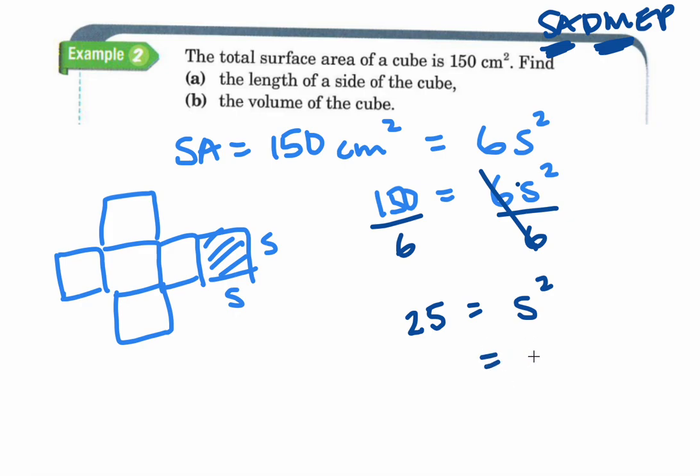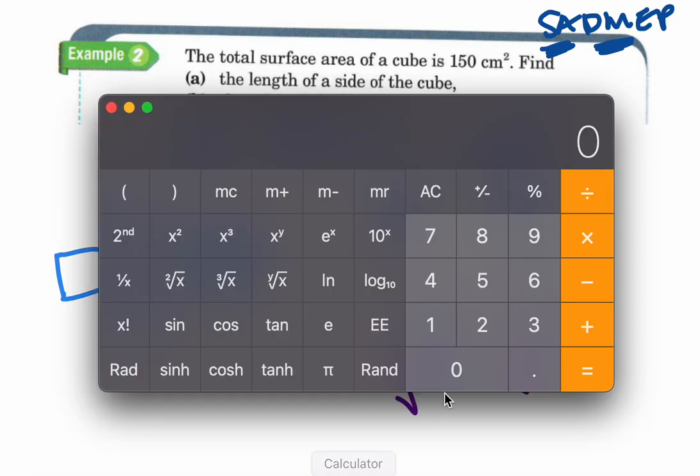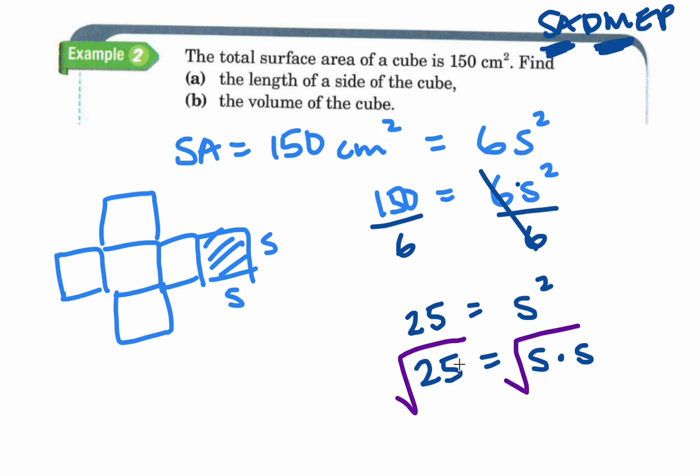S squared means s times s. And that s times s has to equal 25. So I'm basically square rooting 25. I need to figure out a number that would multiply by itself to get to 25. You probably already know that, or you could take 25 and square root that, and that's 5. Because the opposite of squaring something is to square root that answer.